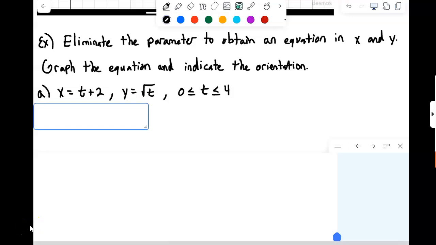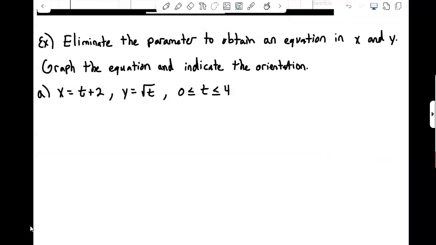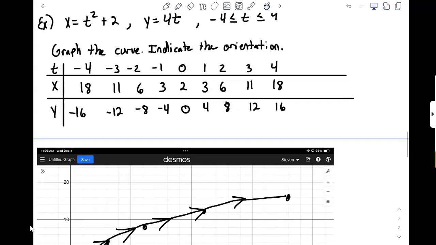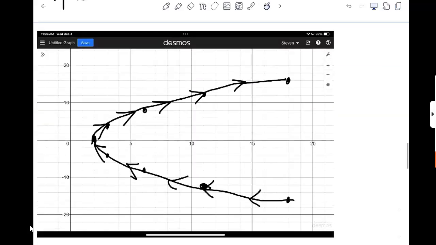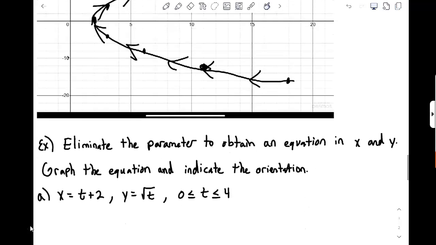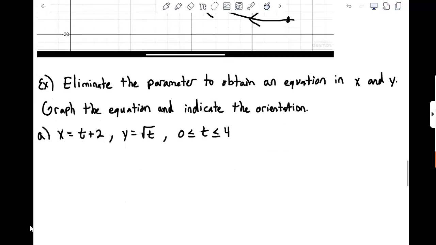All right, welcome back. So what we're going to be doing now is, instead of going through the trouble of plotting a whole bunch of points and then hoping that those points are enough to provide us with a good picture of our graph, our equation, and that we don't miss any important details with the points we plotted, instead we want to eliminate the parameter.